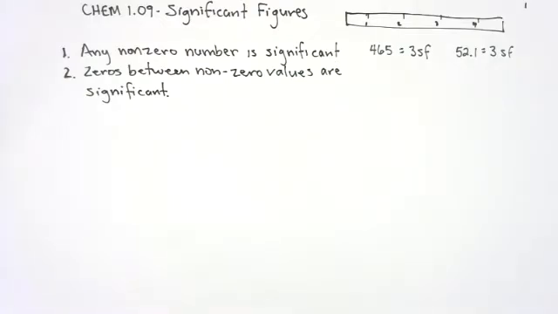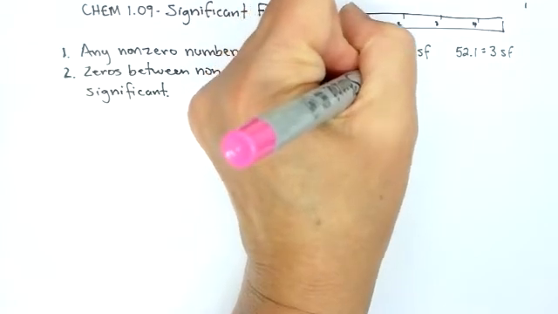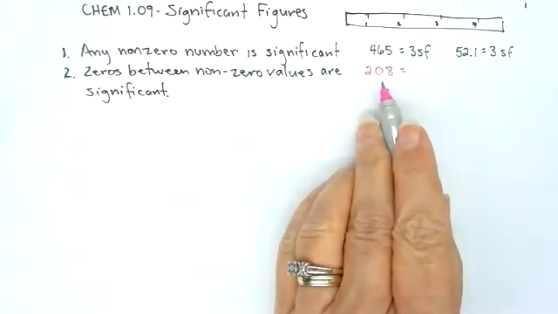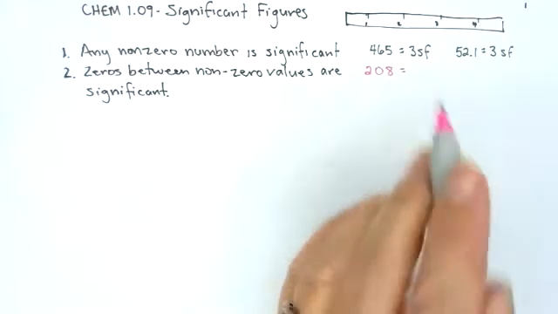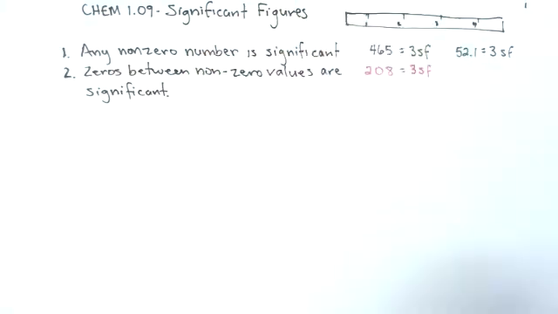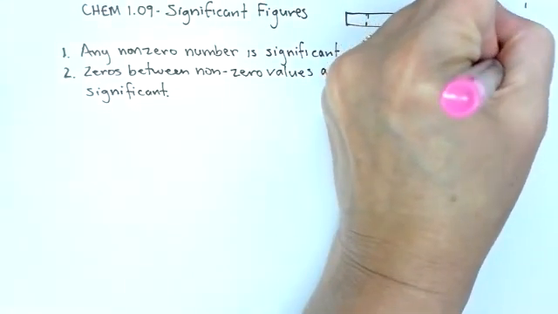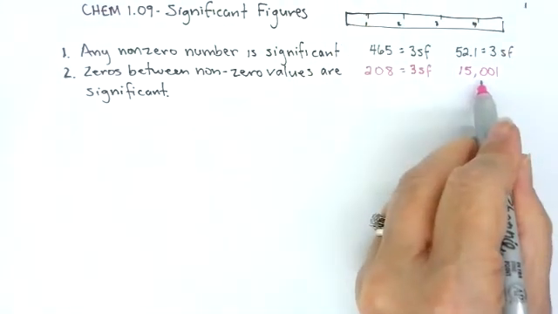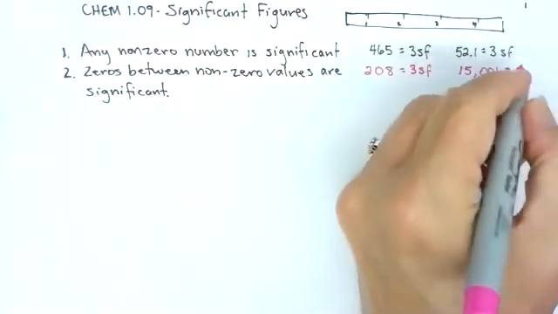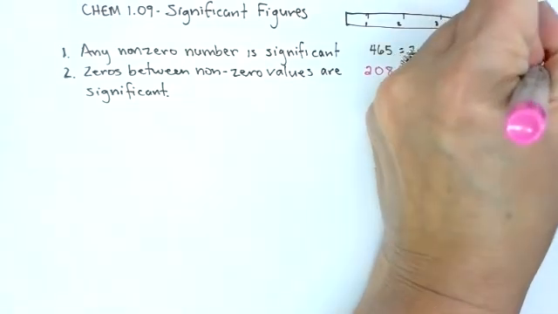So if I have the number 208, because this 0 is between a 2 and an 8, that would be significant. So I would have 3 sig figs. If I have the number 15,001, even though there's 2 zeros, they're still between non-zero values. So this would have 1, 2, 3, 4, 5 sig figs.